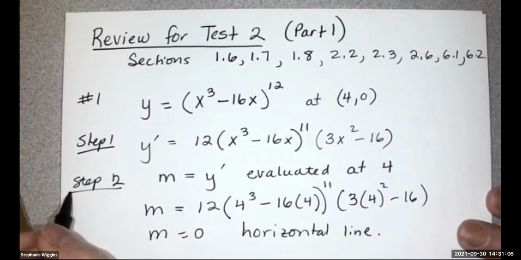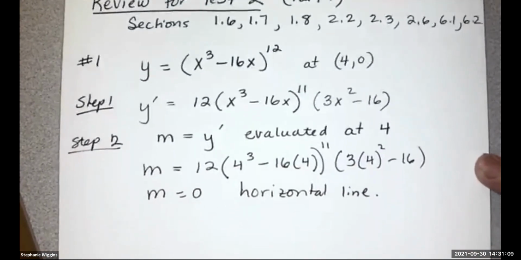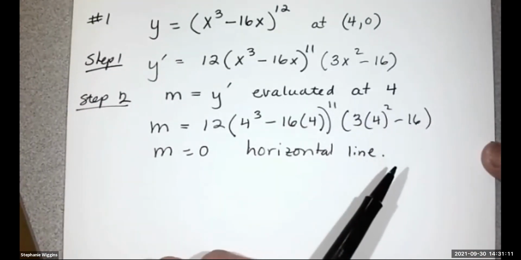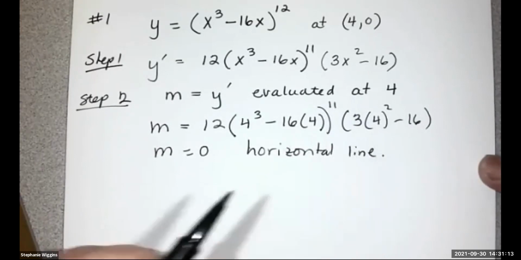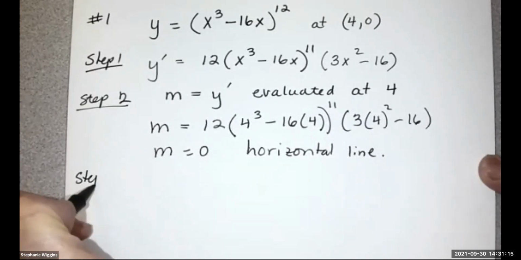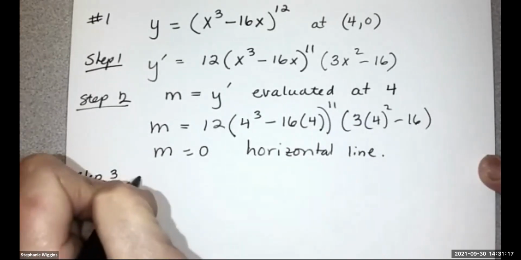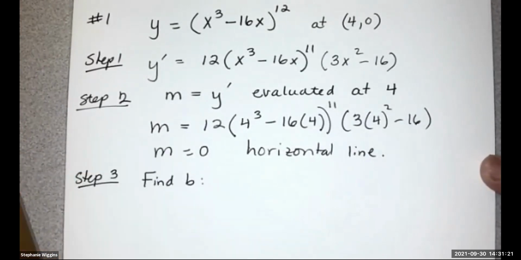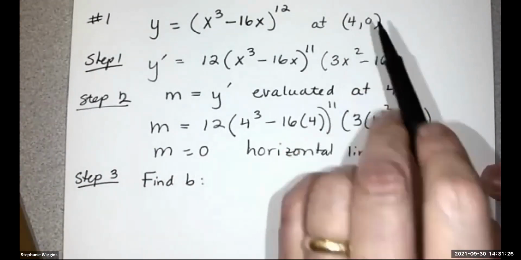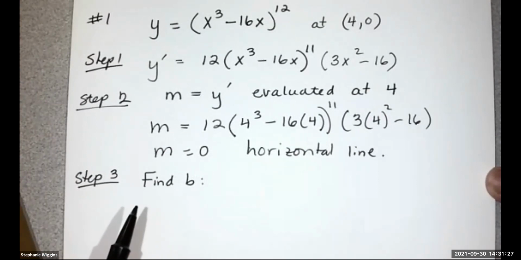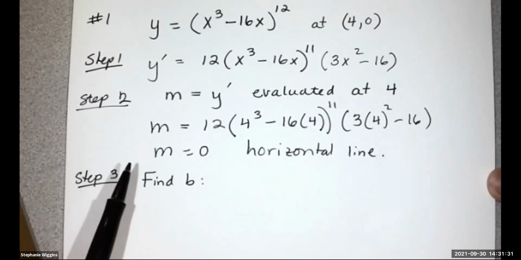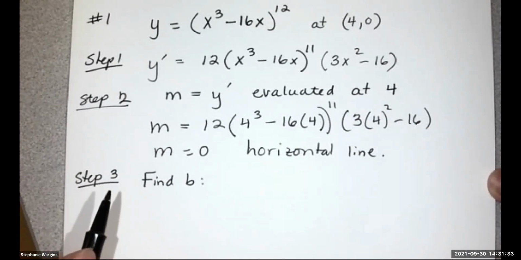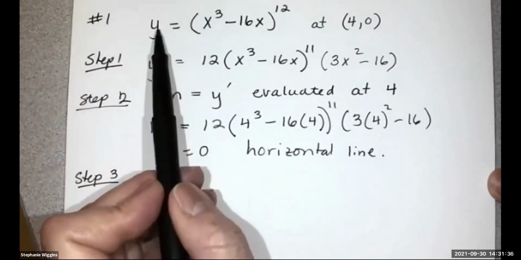Okay, so the next step would be to find b. b is the y-intercept. So you're going to take x equal to 4 and plug that into your original function.